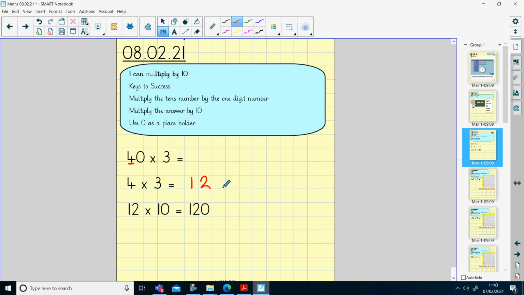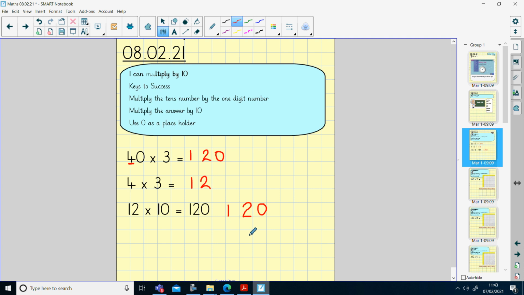So my 1 hundred... my 1 ten becomes 100, my 2 ones becomes 2 tens, and then I use my 0 as a placeholder. So the answer is 120. So I've used multiplication facts that I know, and then I've made that answer 10 times bigger.